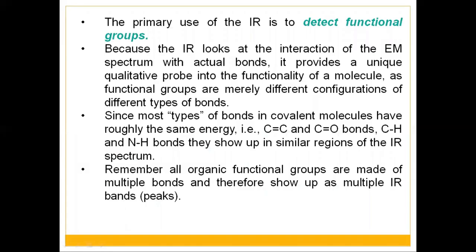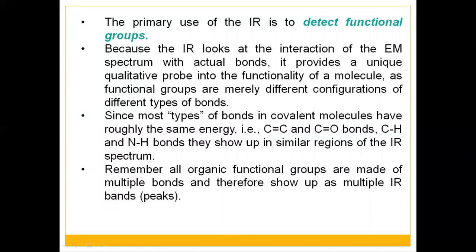The primary use of IR is to detect functional groups because IR looks at the interaction of the electromagnetic spectrum with actual bonds. It provides a unique qualitative probe into the functionality of a molecule, as functional groups are merely different configurations of different types of bonds.